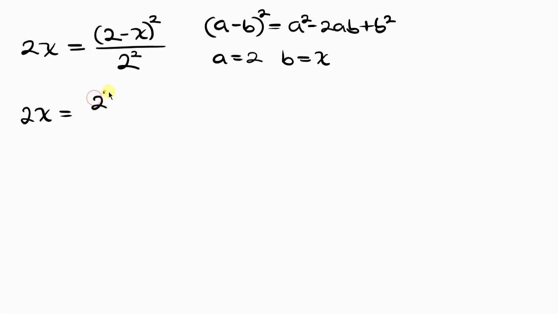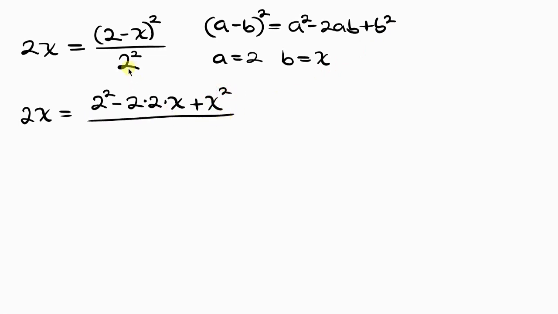So 2 squared minus 2ab. a is 2 and b is x, 2ab, that is 2 times 2 times x, then plus b squared, that's x squared, all over.